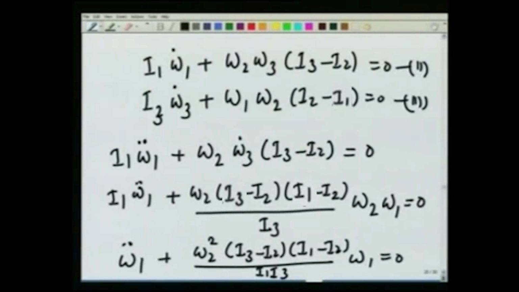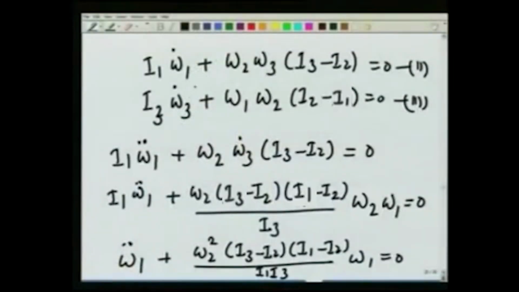So what we really did is differentiate equation 2 once more and substitute for omega 3 dot from equation number 3.